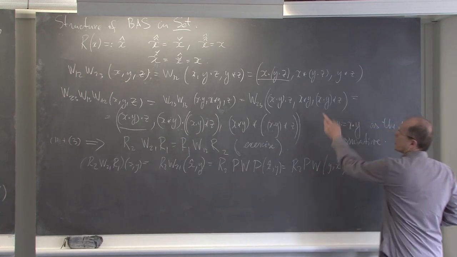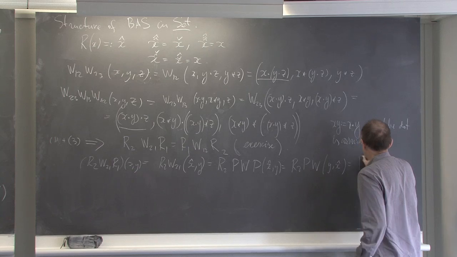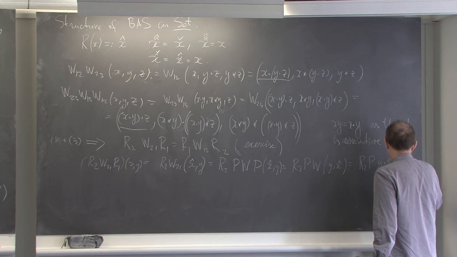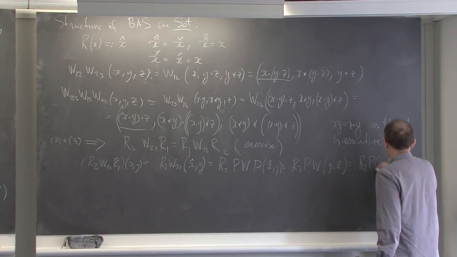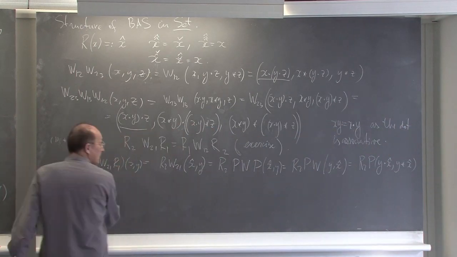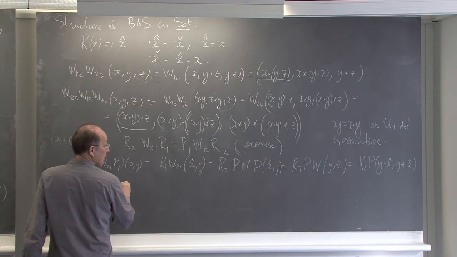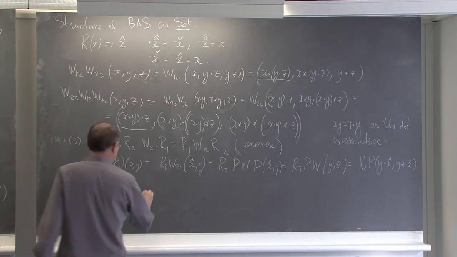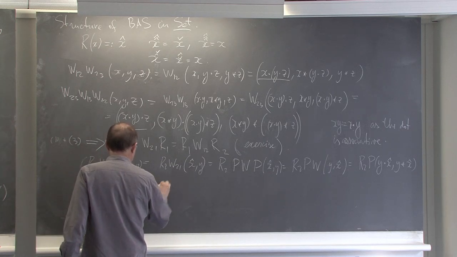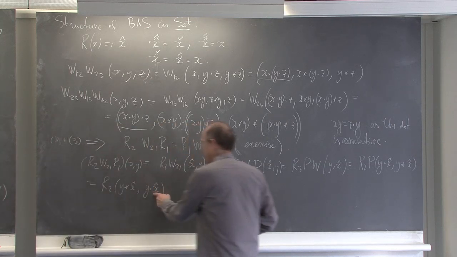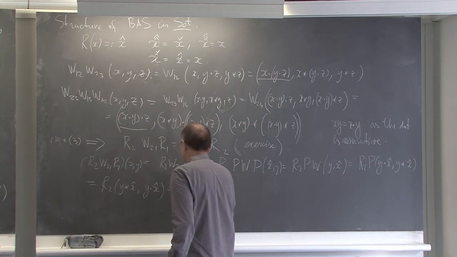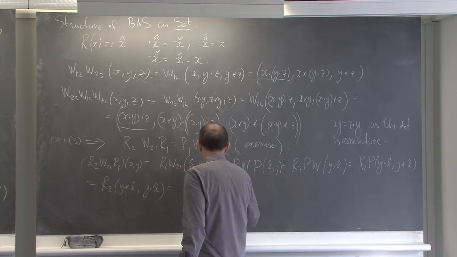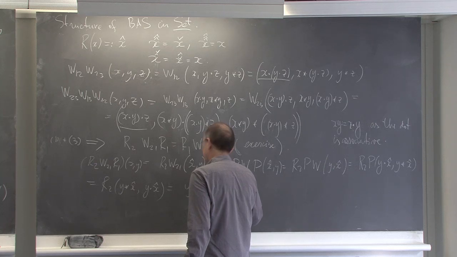Now W, we know what it is. It's a dot and a star. R2 P of y·x hat, comma y*x hat. Now we permute: R2 of y*x hat, y·x hat, and we put a hat over the second component: y*x hat, (y·x hat) hat.